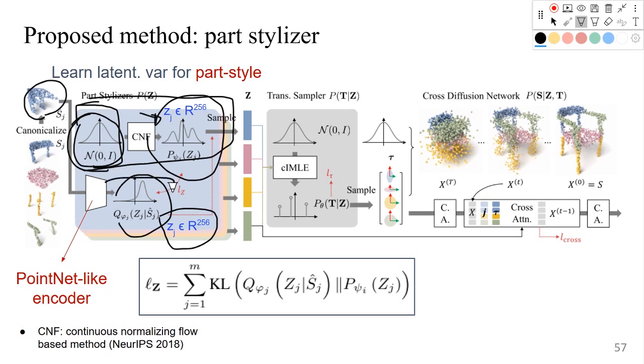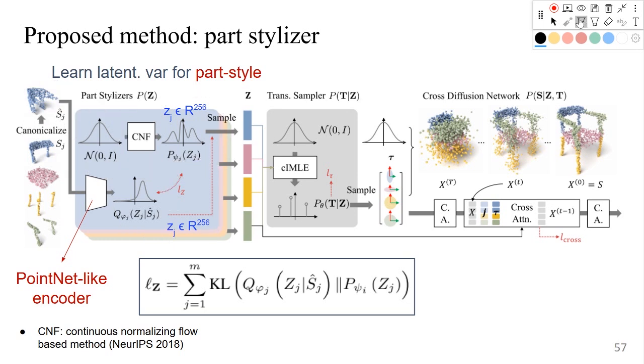In the lower part here, we directly estimate from the original canonicalized part, right? By aligning these two, by using this KL divergence and minimizing this loss, we ask that the generated latent variables from this and this are well aligned. So later we can just use either this or this. It can generate the same result.